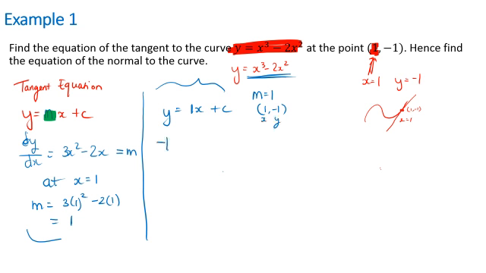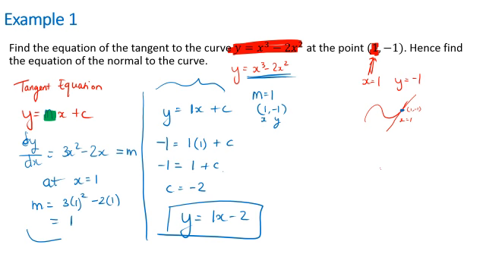So negative 1 equals 1 times 1 plus c, because the straight line also crosses at 1, negative 1. That's why you can sub it in. So c actually equals negative 2. So what's the equation of my tangent line? It's y equals 1x minus 2. That is the equation of my tangent line.